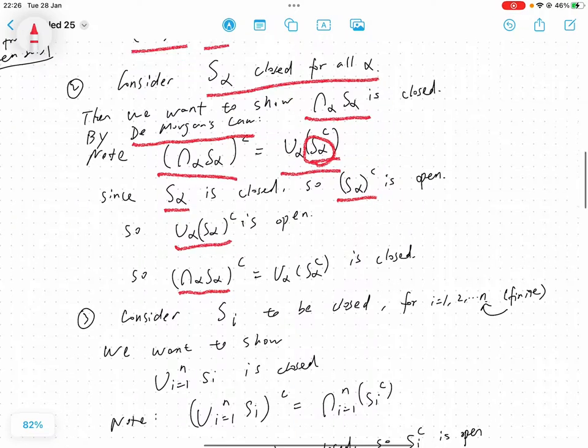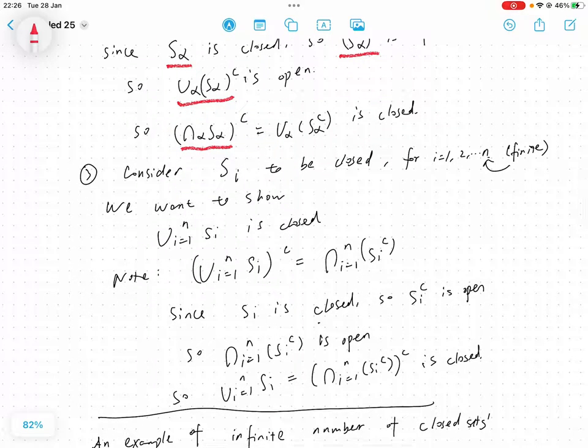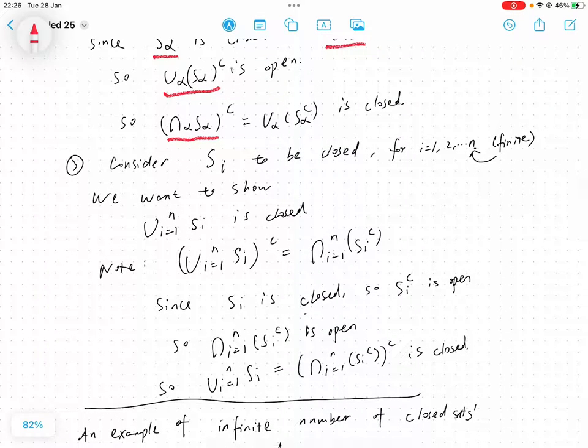And for the third, we again follow the result that we obtained from the open sets and also follow De Morgan's law. So now I'm going to consider this set S_i to be closed, and here we have to restrict those little i's to be finite, from 1 up to n. So this n has to be finite, which is less than infinity.